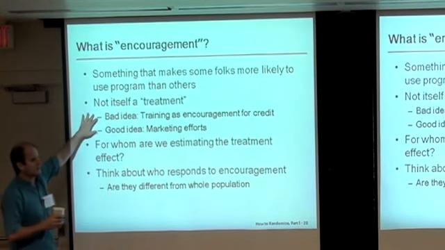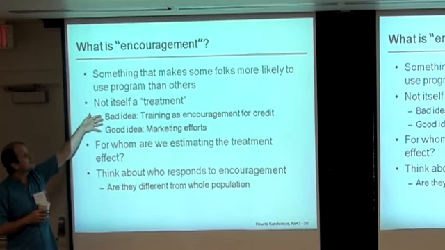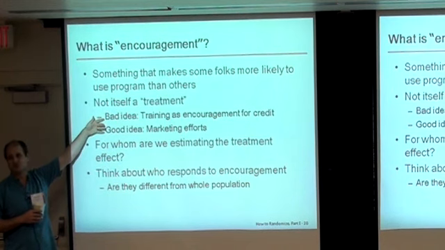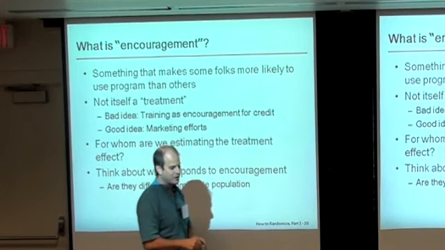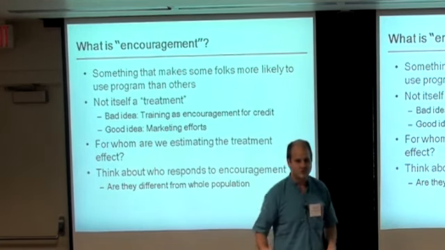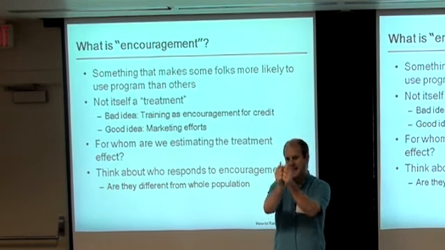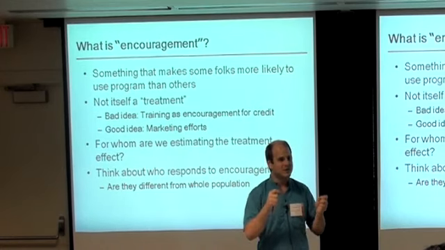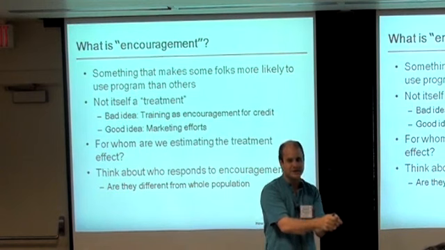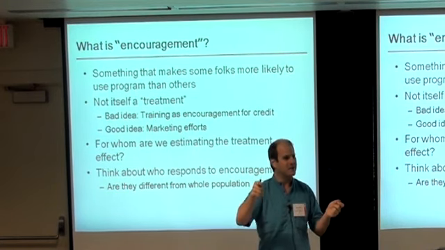So the first thing to think about is just making sure that the treatment is really innocuous. Another way, in econometrics, we refer to this as the exclusion restriction, in that what it's saying is that we want to make sure that if we're going to draw a link from the encouragement to the take-up decision to the outcome measure we care about, the only path through which the encouragement affects the outcome is as it generates higher take-up.